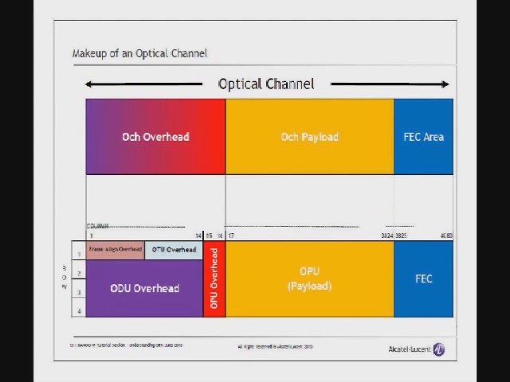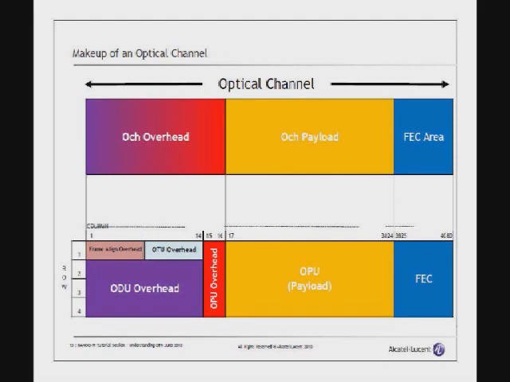A little bit further down, in this optical overhead, there's frame alignment so that the equipment understands where this particular container fits with all of the other containers that are being passed. There's also overhead that is associated with this unit, and for the data unit, there is also overhead.